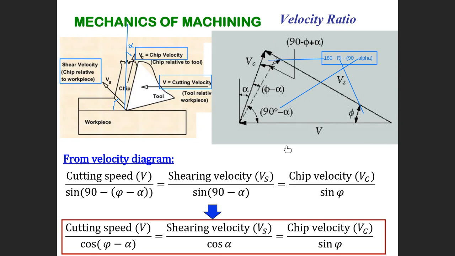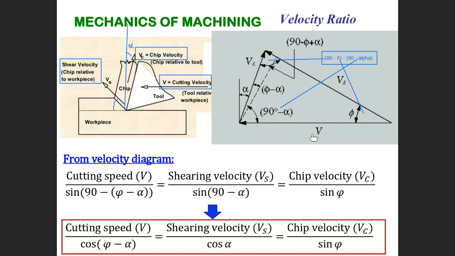Right. There are rules here: every speed divided by the sine of the corresponding angle, from the velocity diagram. Listen to me carefully. V divided by sine of 90 minus phi plus alpha, it is minus phi plus alpha because minus minus gives plus.